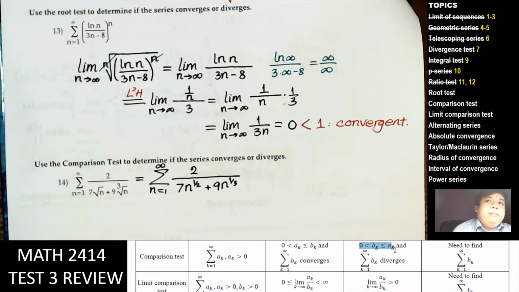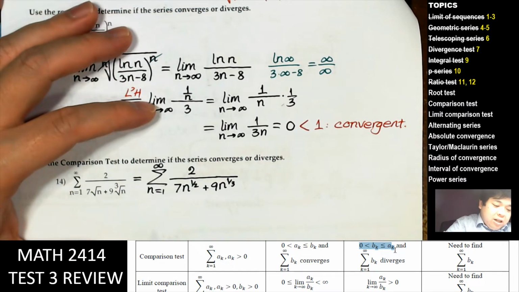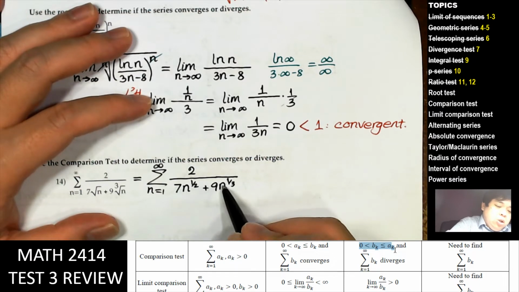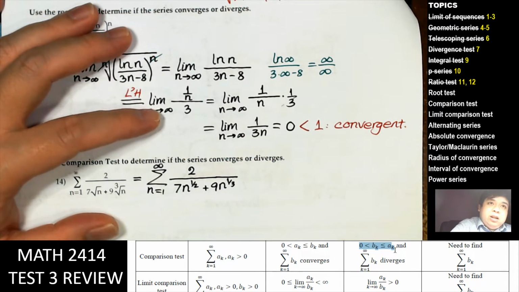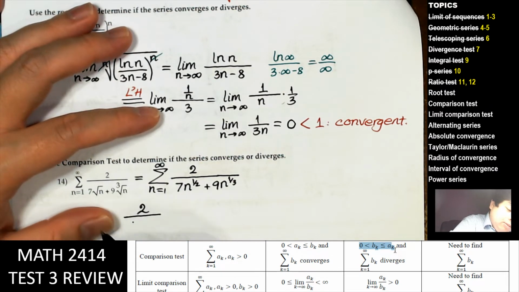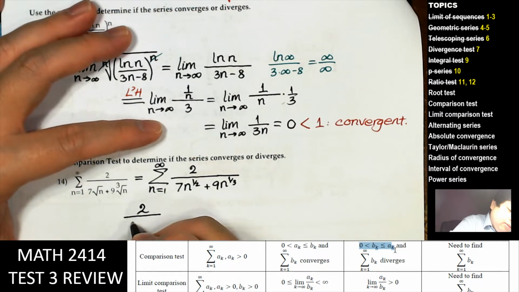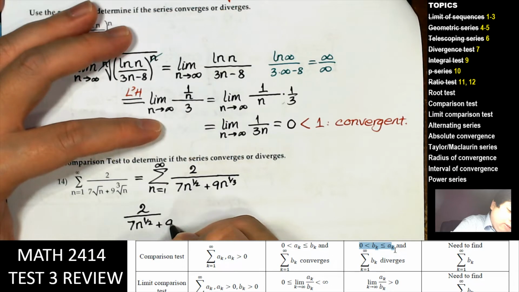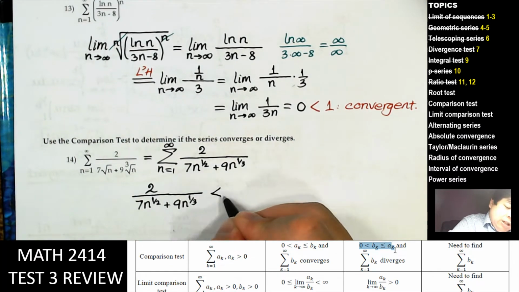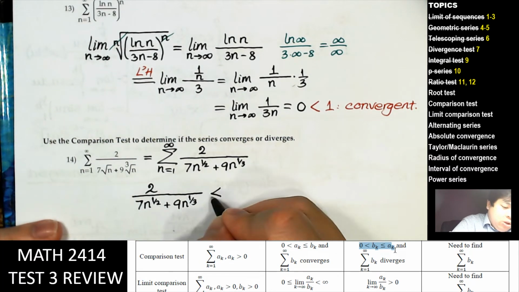But notice that n equals 1 to infinity, so n is positive. So we have a positive here and a positive here. So we can write it like this. That term will be less than, or we can throw in the equal sign too if we want to.